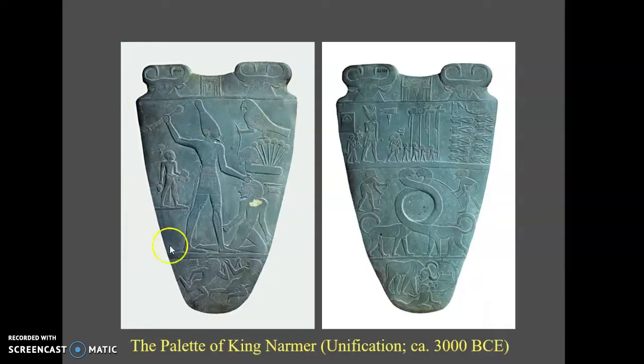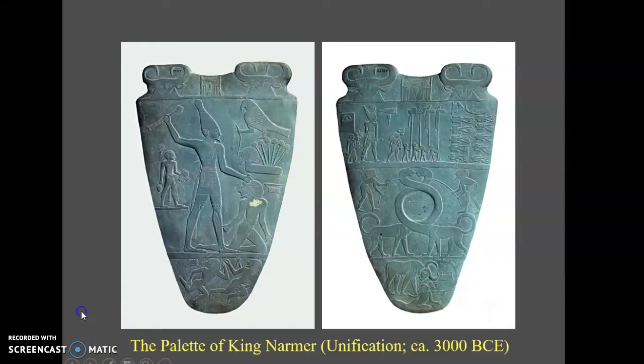Now look at this palette. It's organized in registers or bands. Down below here, you see two kind of collapsed humans. Those are conquered enemies that we're looking at kind of from bird's eye view downward, whereas we're looking from side view at King Narmer. And then we have two depictions, on both sides of the palette, remember each side is slightly different, of the goddess Hathor.